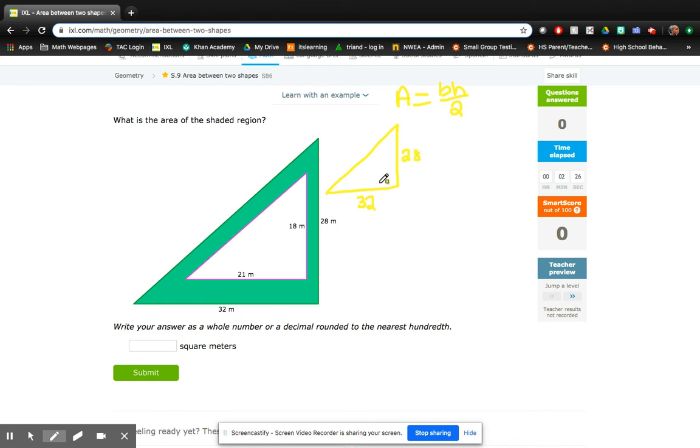And so when I determine the area of this, I'm just going to do base times height divided by 2. And the area is going to be, hold on, I'm pulling up my calculator really quick.